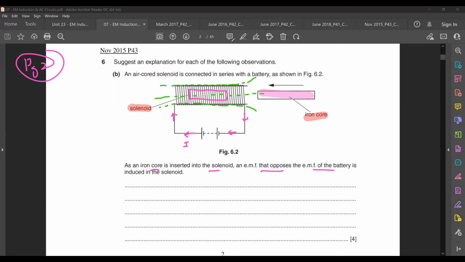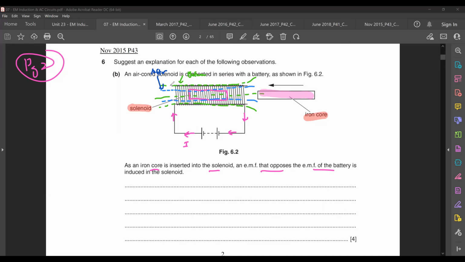You're going to have even more magnetic flux now. So say right now it becomes like this, right? The green one was the magnetic flux before the iron core was inserted. The blue one is after the iron core is inserted.